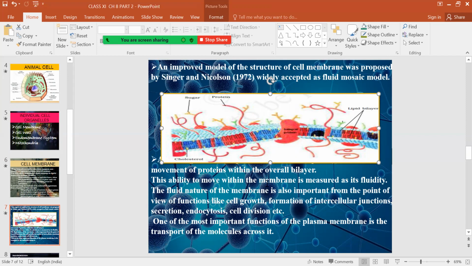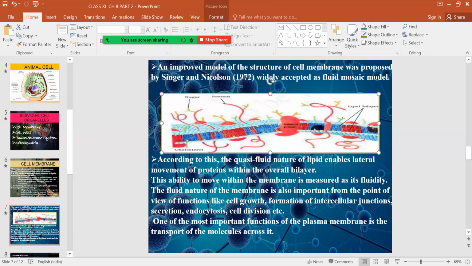Because the protein molecules which are present between the lipid bilayers can move, and thus it gives fluidity to the membrane. Because these protein molecules can move within the membrane, it is fluid in nature, and that's why you call it a fluid mosaic membrane.